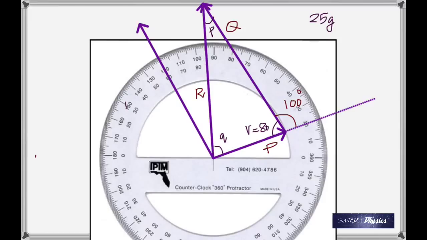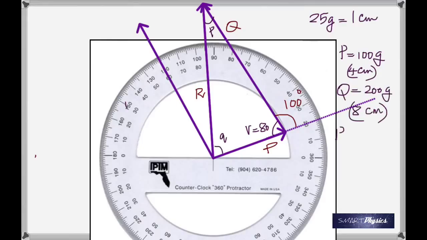Now 8.3 centimeters happens to be 8.3 times 25, which you get as 207.5 grams. So this is method 1 to find the sum of two vectors.